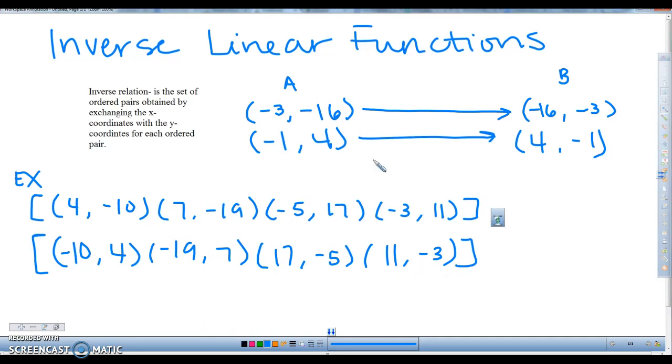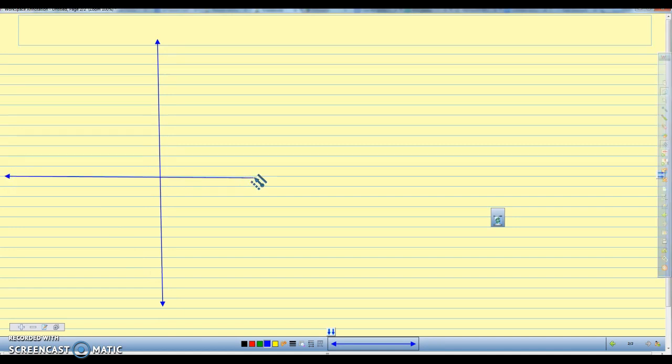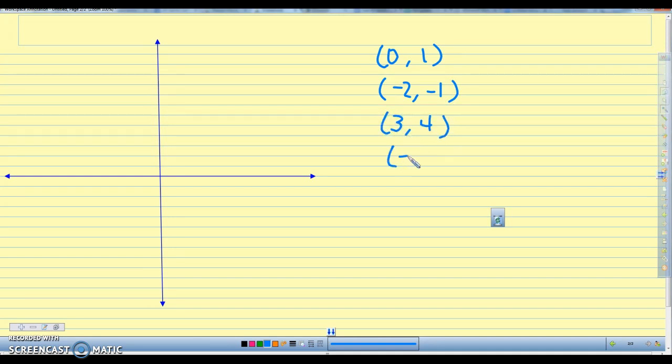Okay. We can also find inverses when we go graphing. I'm going to start by drawing my coordinate plane. And let's say I have some points that they give me: 0, 1, -2, -1, 3, 4, and -4, -3, sorry.